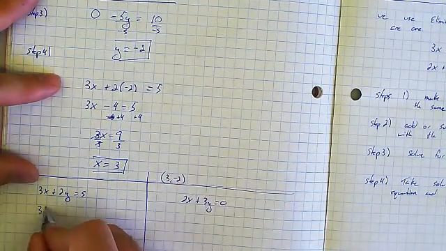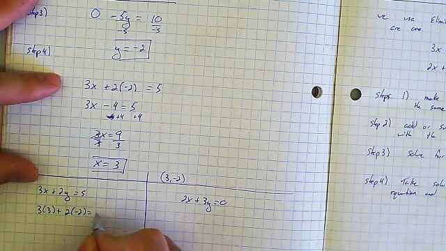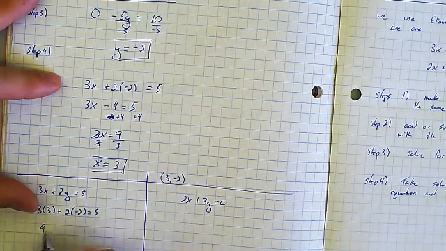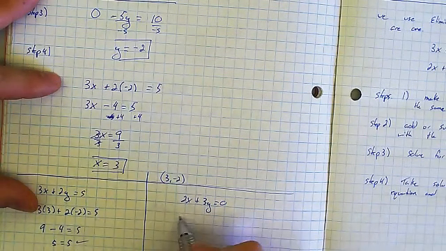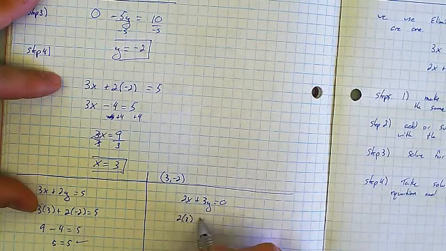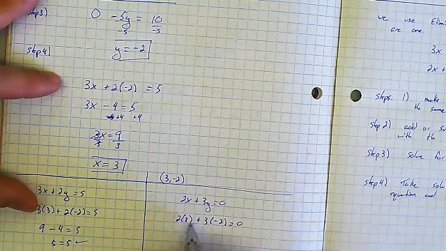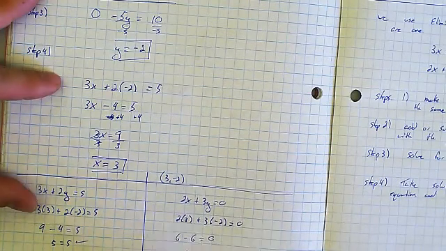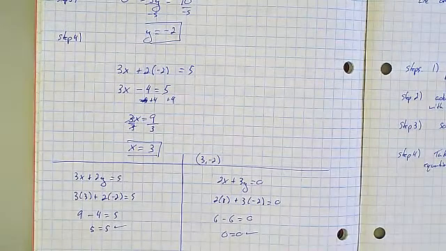So 3 times 3 plus 2 times negative 2 equals 5. So we have 9 minus 4 equals 5, which it does. If I have 2 times 3 plus 3 times negative 2, so I'm going to have 6 minus 6, which is 0. We know that both sides work for this. So again, you can always check your answers for the test.